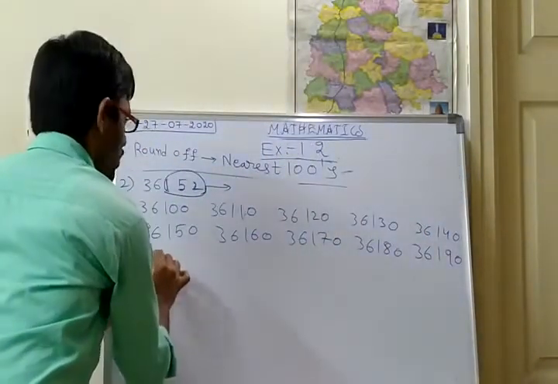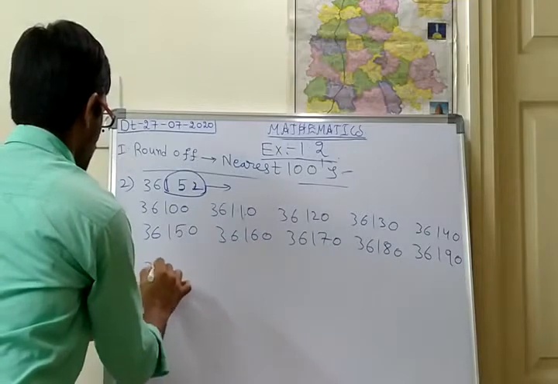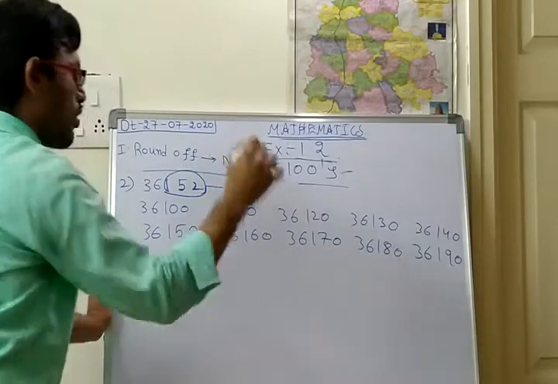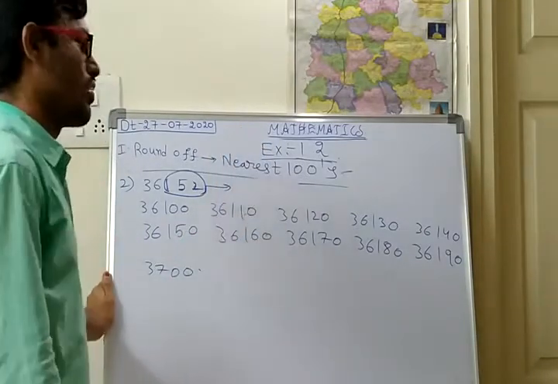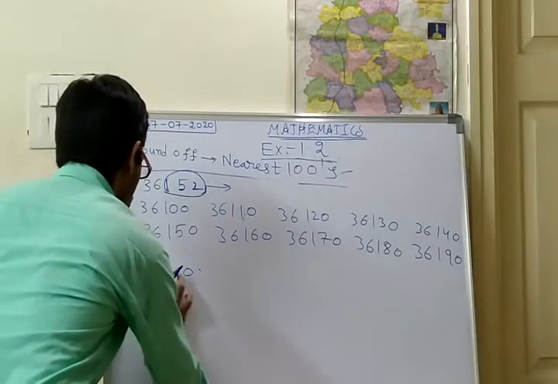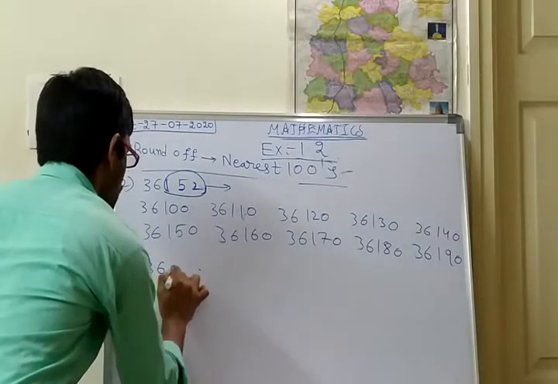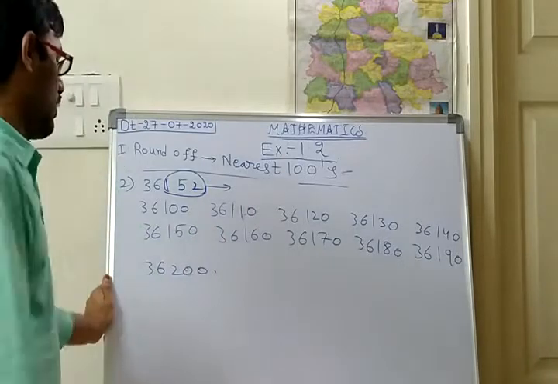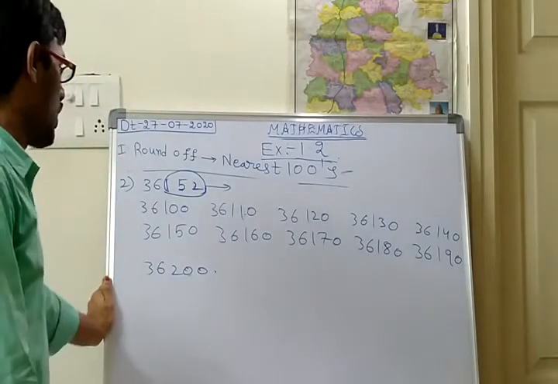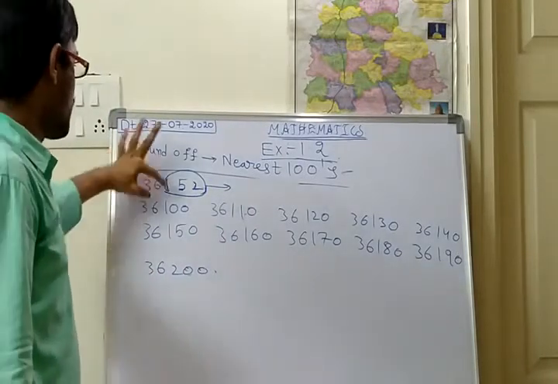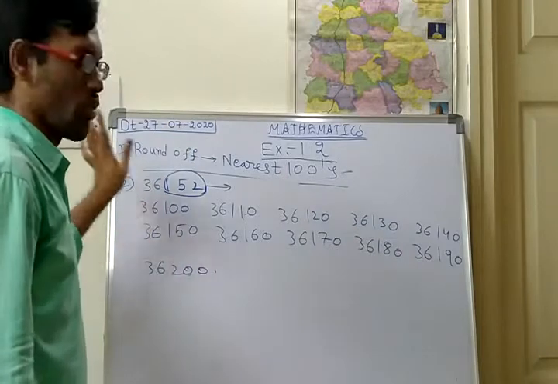After 190, 36,200 will be coming. So in between 36,100 and 36,200, this number will be lying.